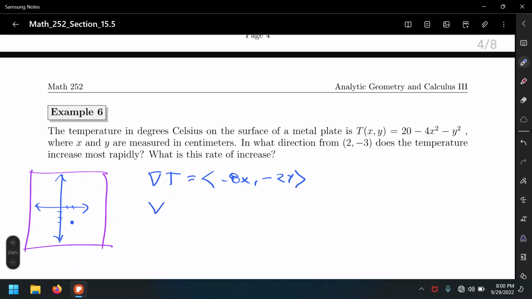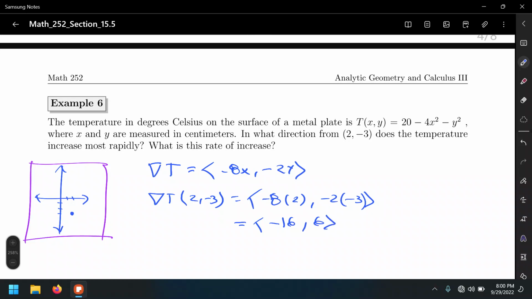Now we want to know the gradient at the point (2, -3). So -8 times 2, -2 times -3. All right. So this means we have to go in the direction of the vector (-16, 6).